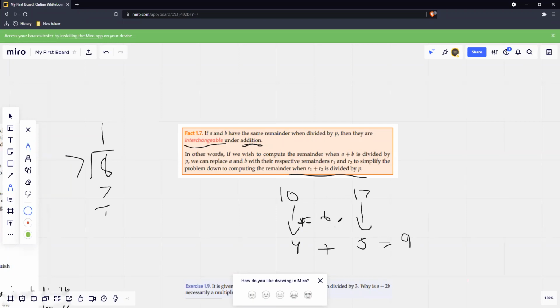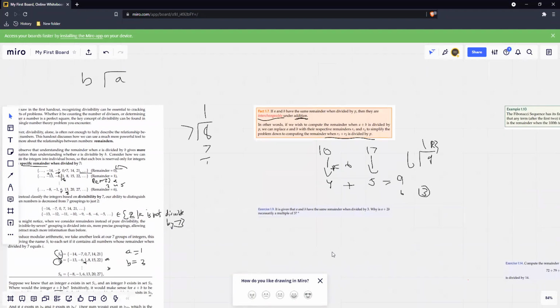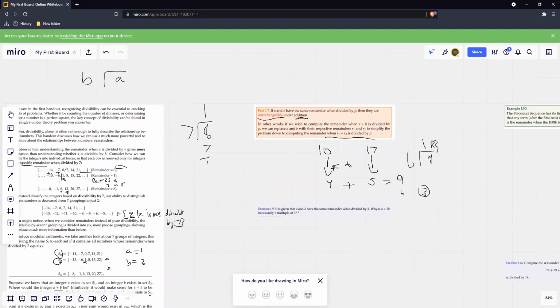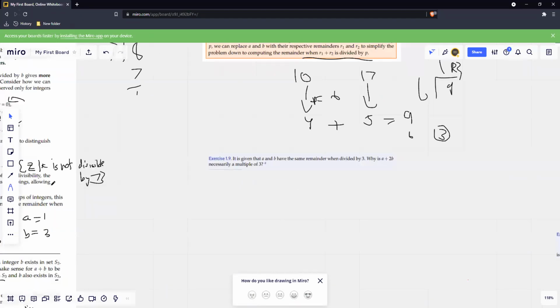Since p is equal to 6, we have a remainder of 3, right? Because when you divide 9 by 6, there's 1 remainder 3. That's a really easy example, but it'll help when you have 5 digits, 6 digits, and a bigger number p. So let's do one exercise real quick.